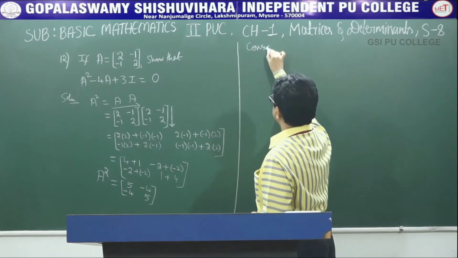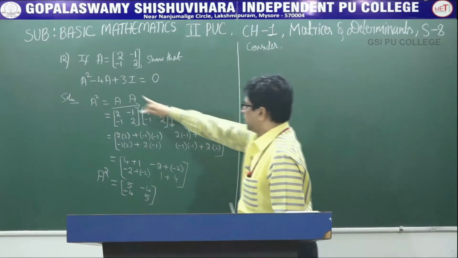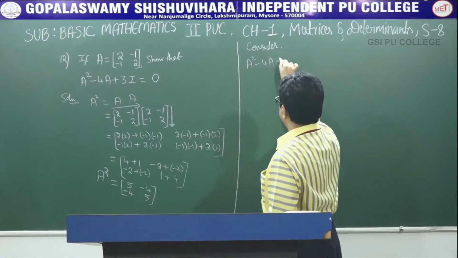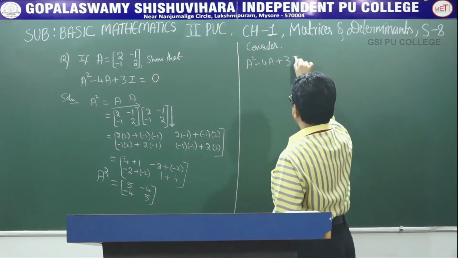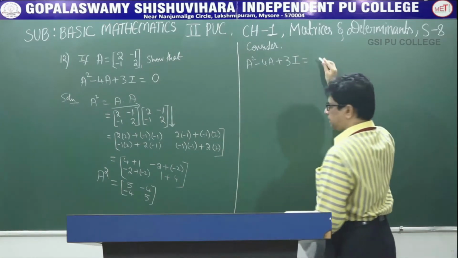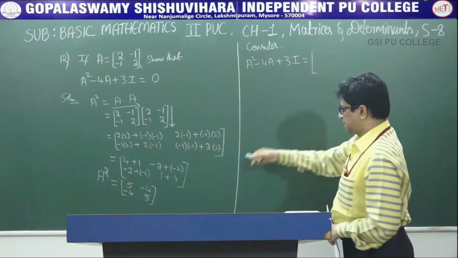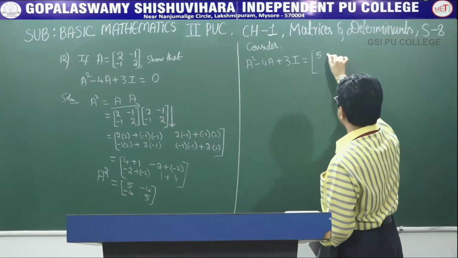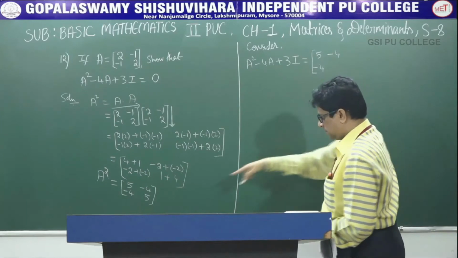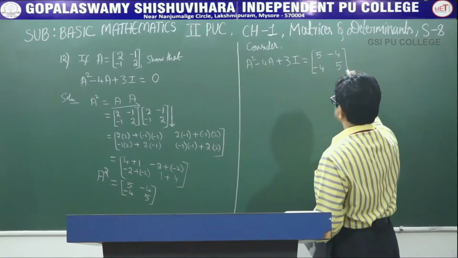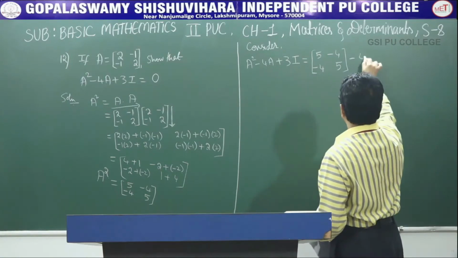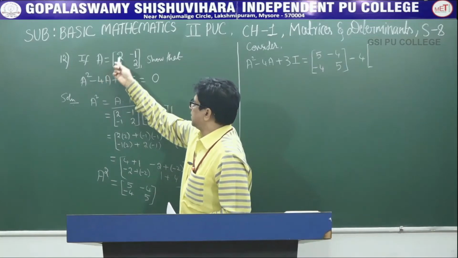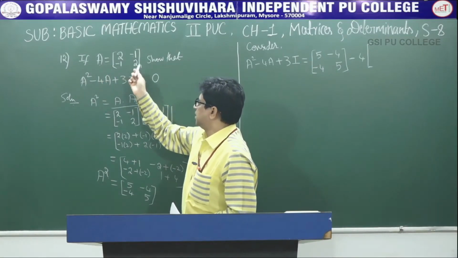Consider A square minus 4A plus 3I. So, that will be equal to A square, which is [5, -4; -4, 5], minus 4 into A. The given matrix is A equals [2, -1; -1, 2].